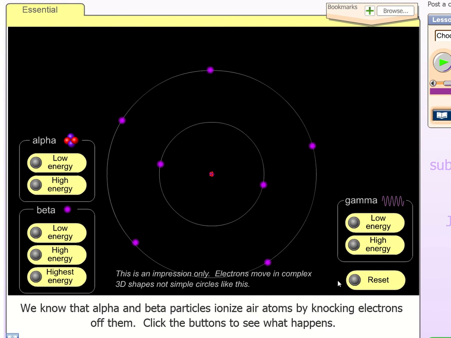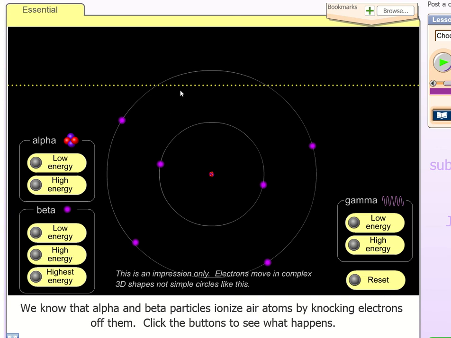Let's see what happens when we send higher energy beta towards the atom. Here you can see that the electron from the atom is again repelled by the beta and it sets off in its own direction.